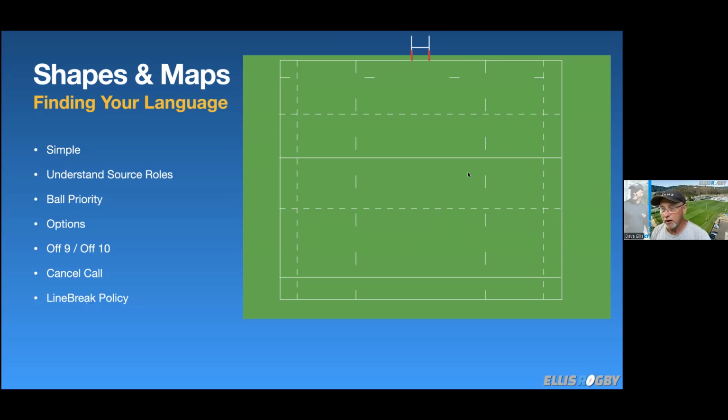But don't be scared. You don't see it so much these days, but at one stage when all this was being formed, somebody would make a line break and they'd almost deliberately get tackled so they could get back and run their shapes again. That seemed really weird to me.